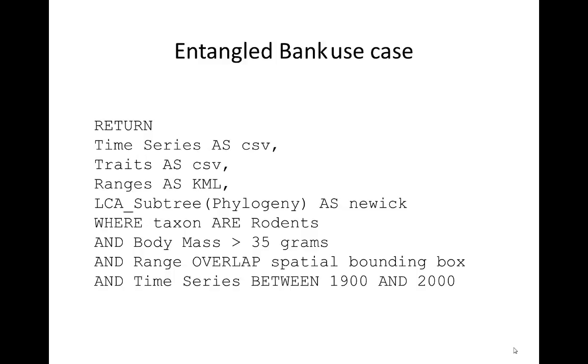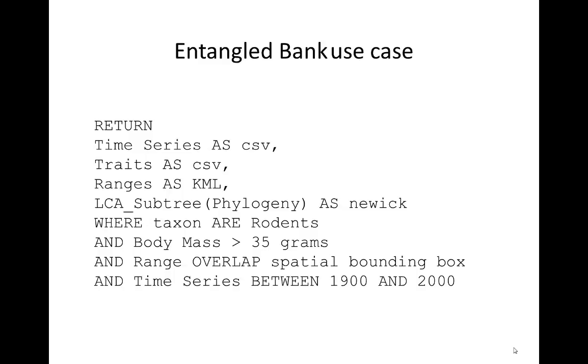We may want a subtree. Remember, a phylogeny is an evolutionary tree, so we might only want a part of that evolutionary tree extracted. So maybe we want a subtree of the full evolutionary tree in a particular tree format called Newick, a Newick string.